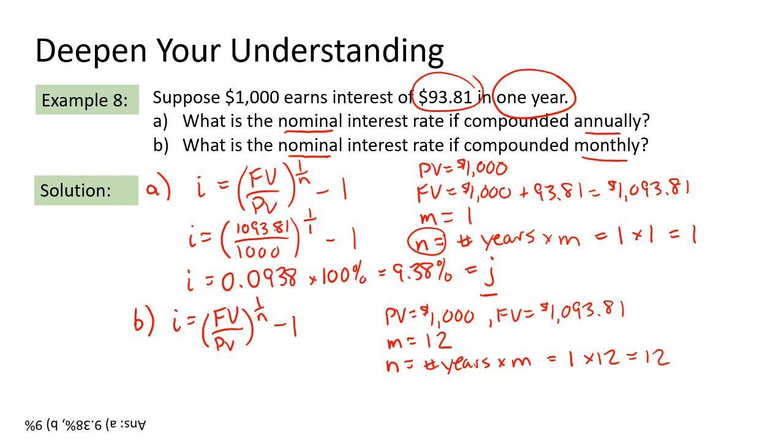So now we can substitute these values in, right? So we get i is equal to $1,093.81 divided by 1,000. So the exponent 1 divided by 12, and that is minus 1.